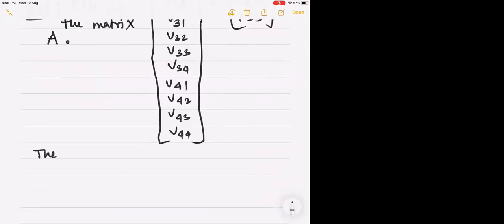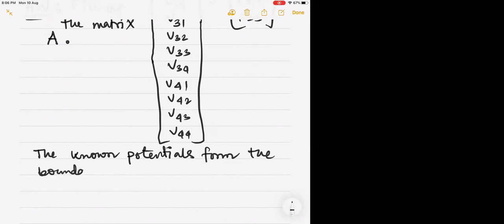The known potentials for the boundary condition. I'm sure you must have heard of this term boundary conditions before for the problem.